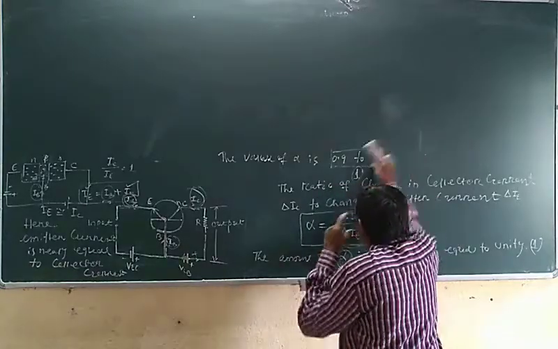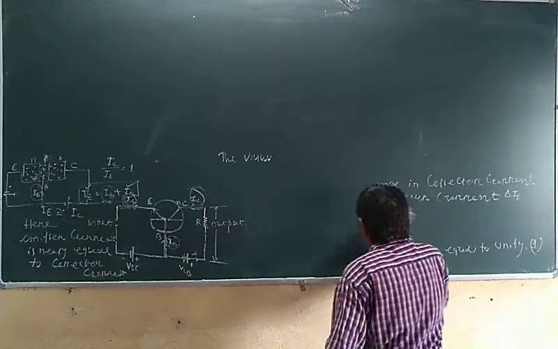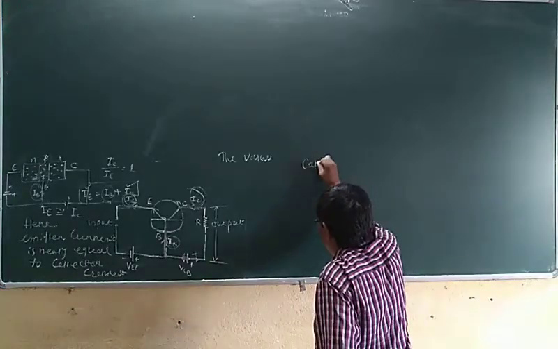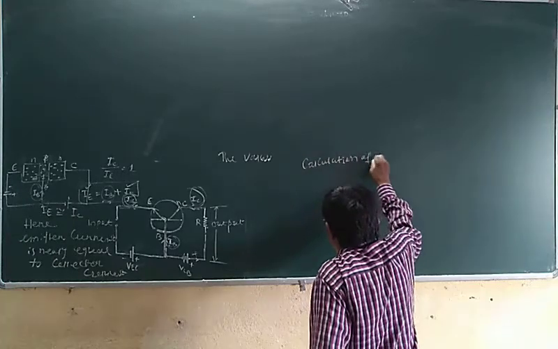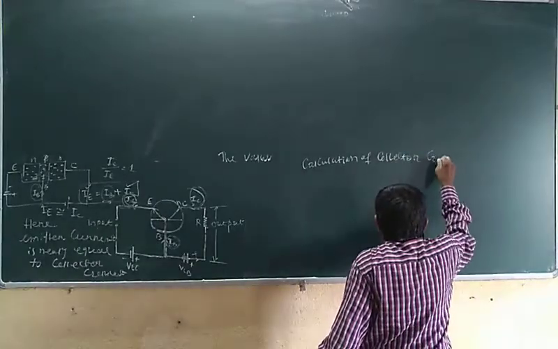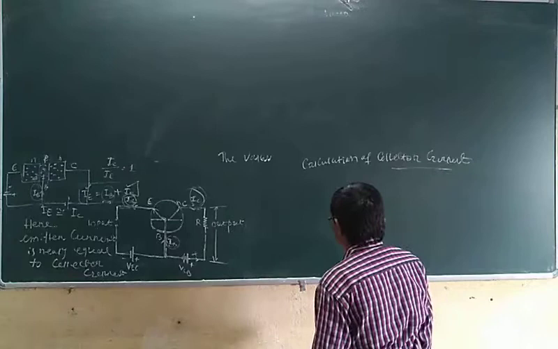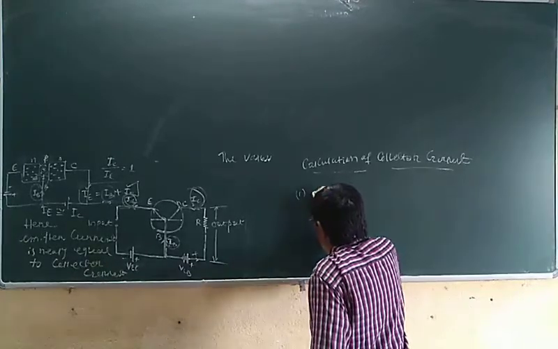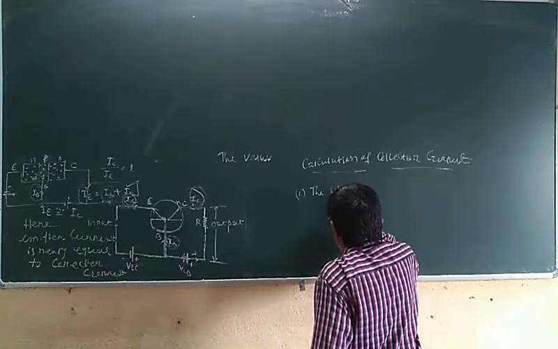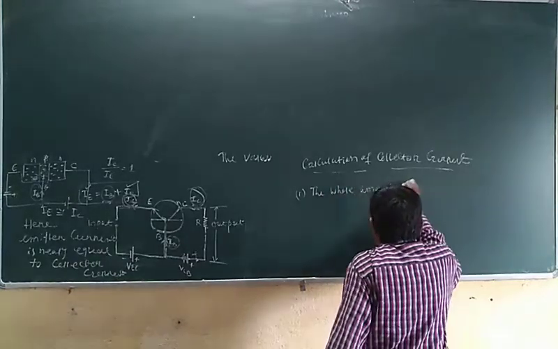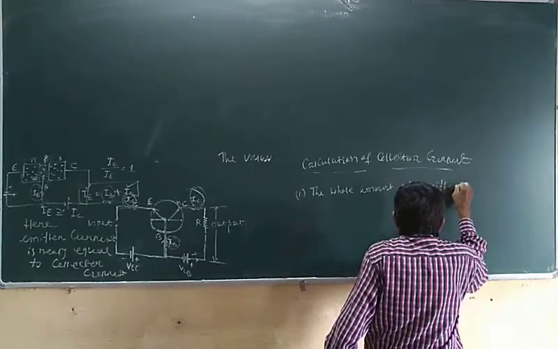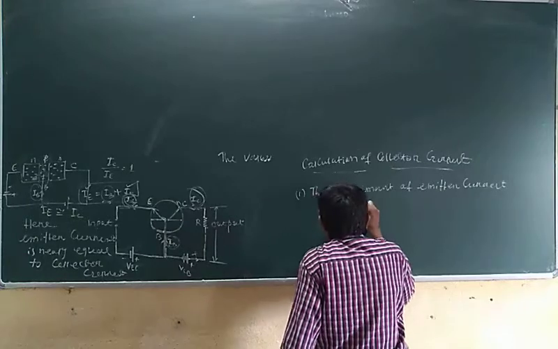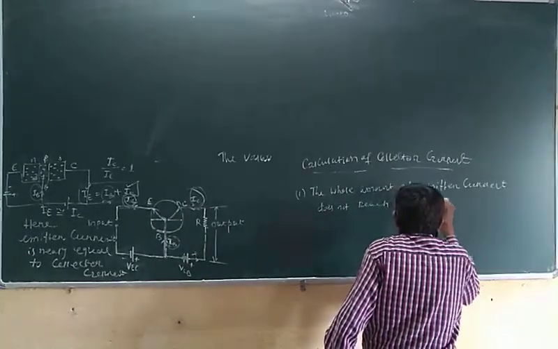Now, calculation of the collector current in a common base connection. Here the whole amount of emitter current does not reach the collector.